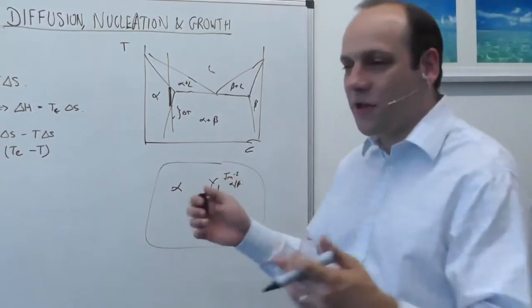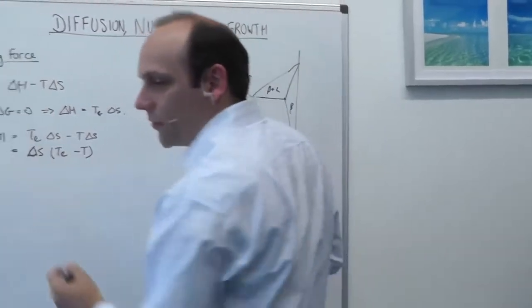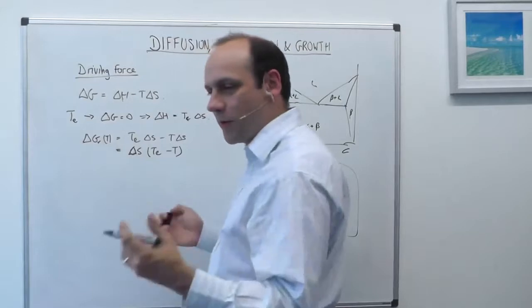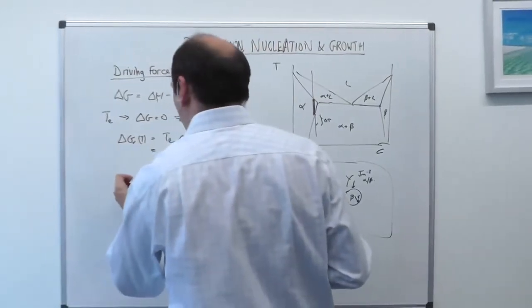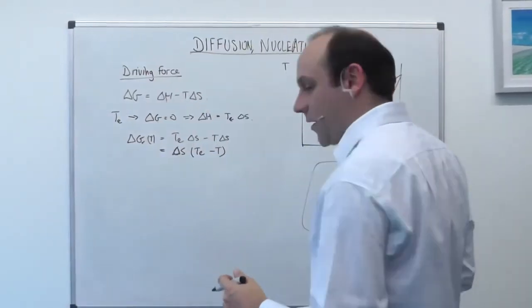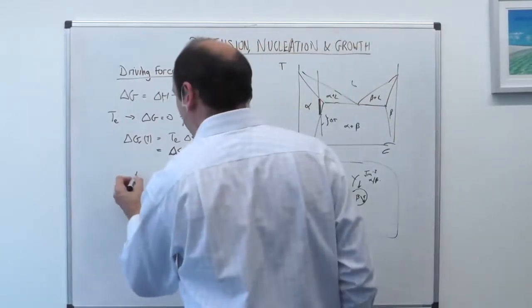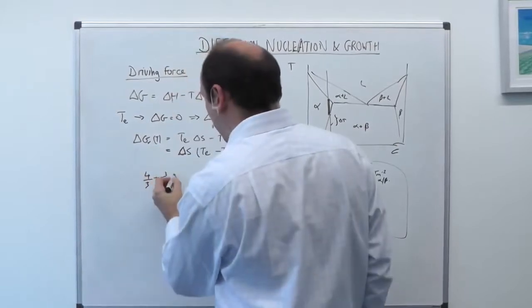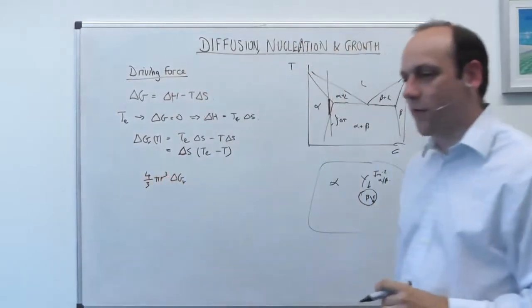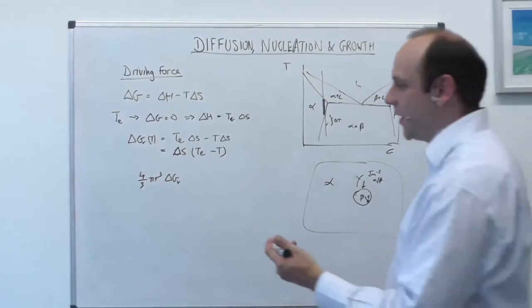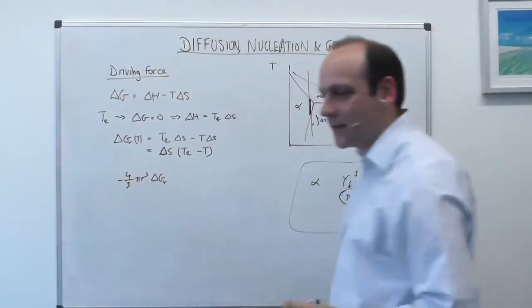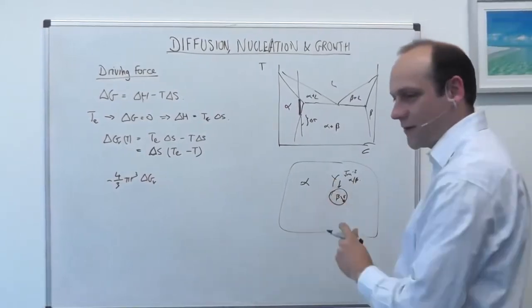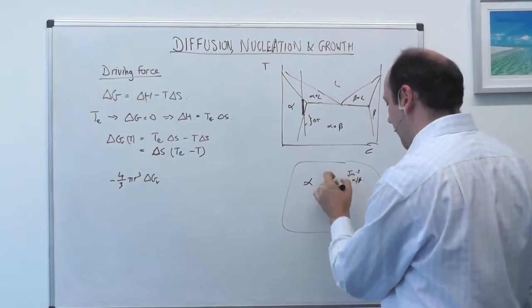And we've got an energy available from this supercooling. If we say that's our delta G per unit volume, we've got a thermodynamic energy available from transforming that, of the volume of a sphere, 4/3 pi r cubed, times the amount of it that we've transformed, a delta G per unit volume, and that's an energy that drives it forward, so we'll say that's negative. And we expend that on making this surface. Actually, I'm going to call this surface energy sigma now.